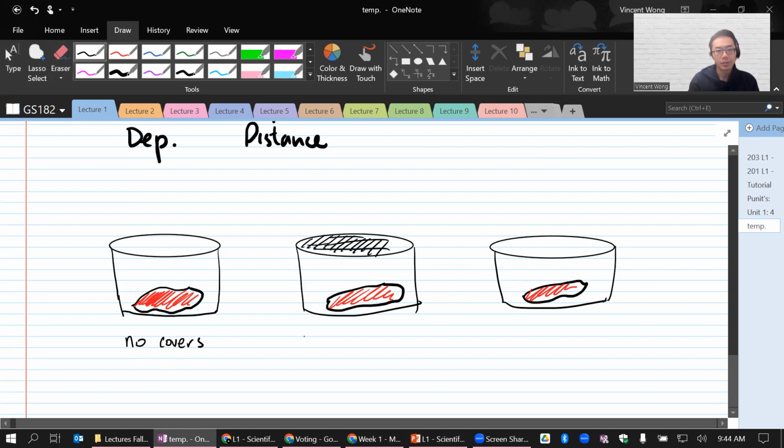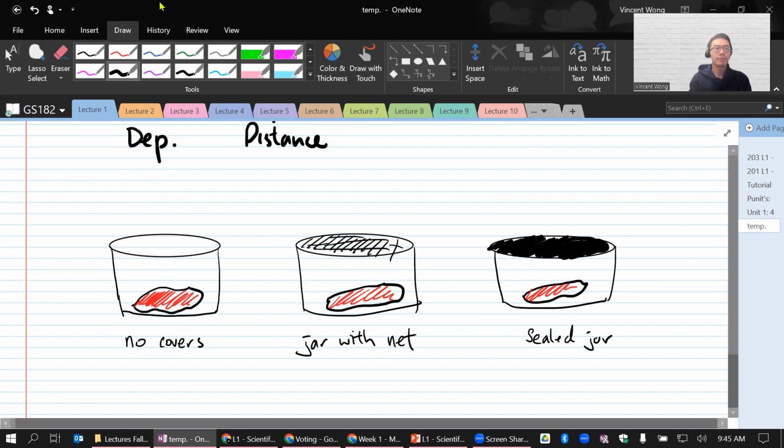Okay, a jar with net on the top. And then the last one, he's going to have a sealed jar. This one's going to be closed. Right?